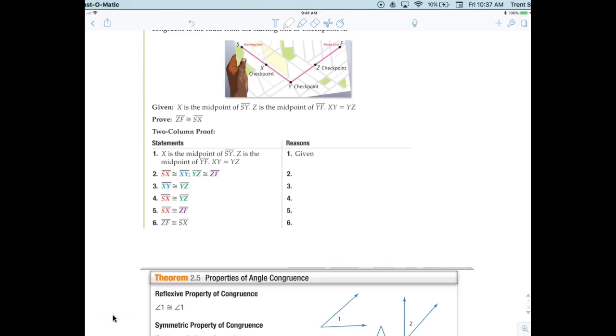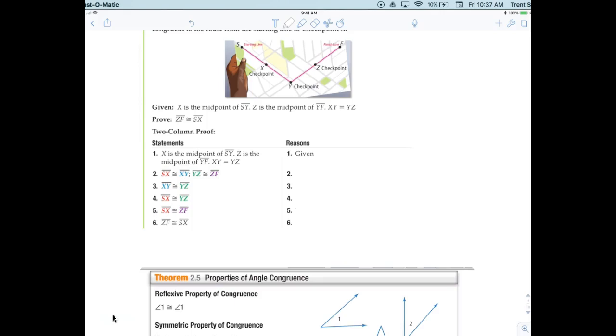Come on now. I think it's very simple, but can be kind of confusing when you're first starting out. Does everybody agree with the given? Yes. Now, can somebody please tell me why SX is congruent to XY? Why is SX congruent to XY? Tell me. Yes, exactly.